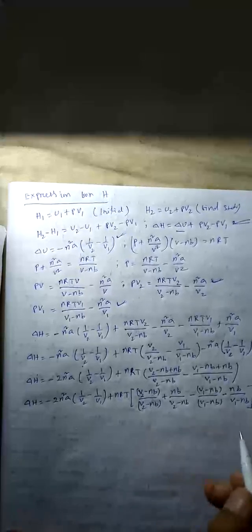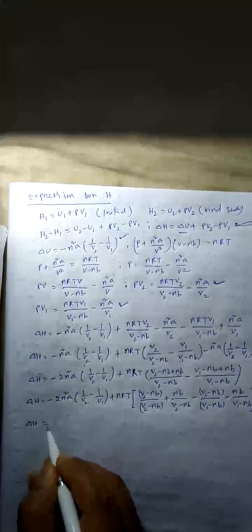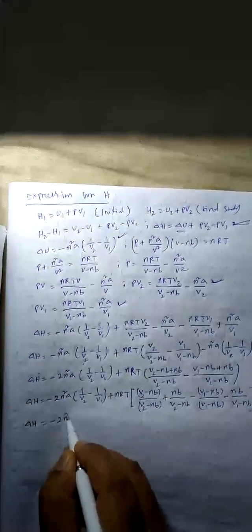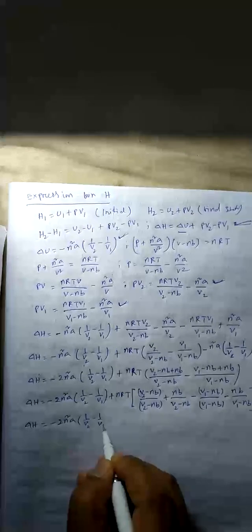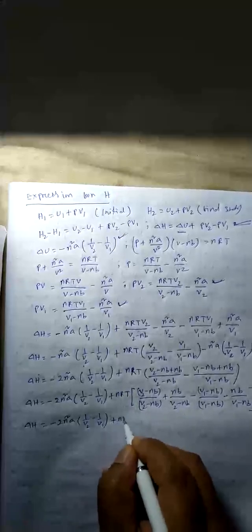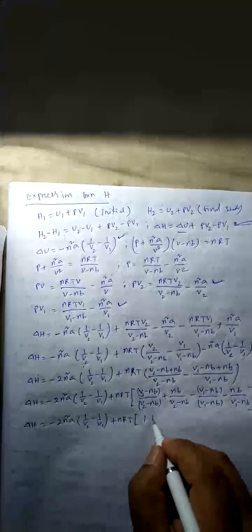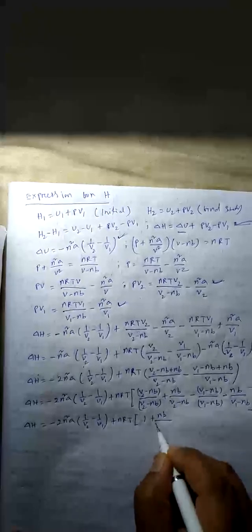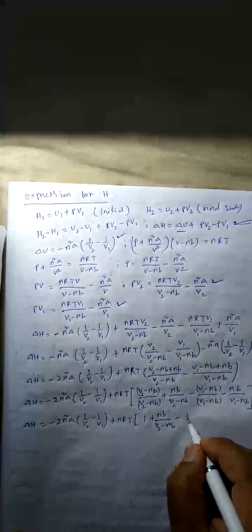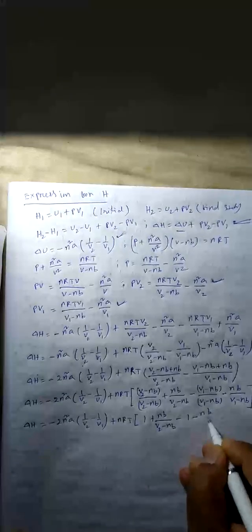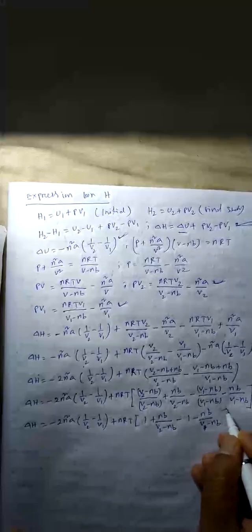This one cancels, this one cancels. So your delta H becomes minus 2n square a (1 by V2 minus 1 by V1) plus nRT whole bracket. This will cancel 1, plus nb divided by (V2 minus nb). This one cancels, minus 1 minus nb divided by (V1 minus nb).